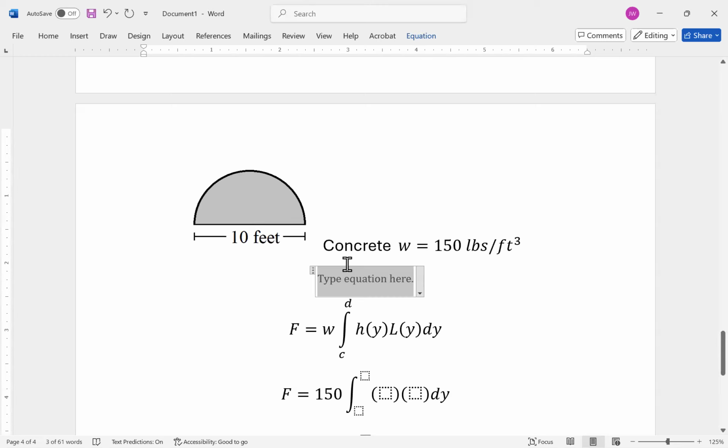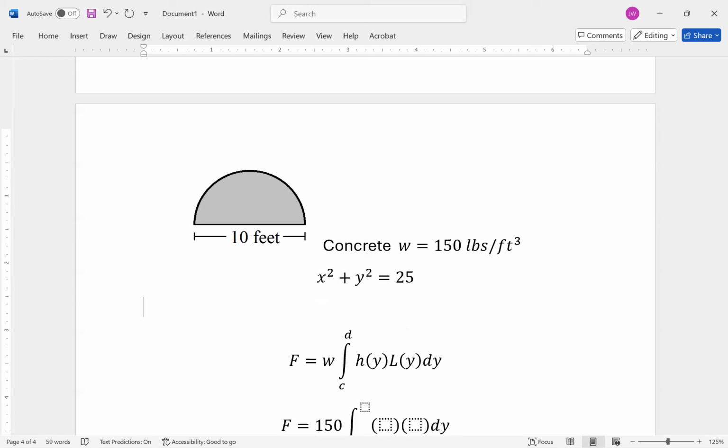First off, we do x squared plus y squared equals, again, radius is 5. Be careful about that. Radius is not 10, radius is 5. 10 is the diameter.